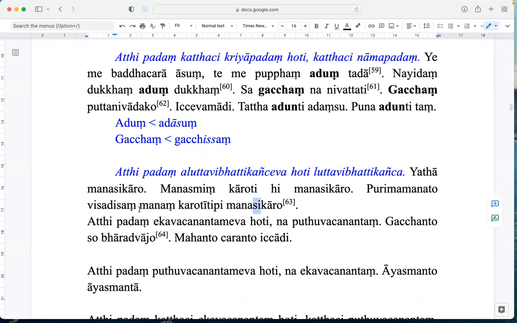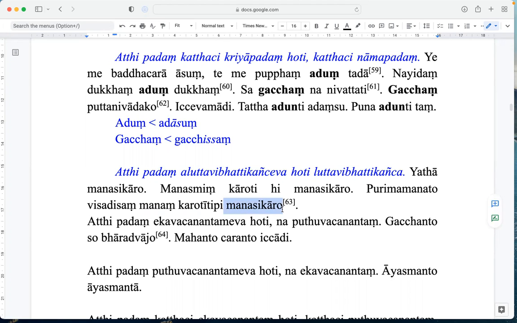That is why Sayadaw explains it as manam karoti, just inserting an i between the compounded words, not a locative sign. That is Loda Vivadika. According to the explanation, after manas, the accusative case, manam karoti, so manasikaro. You got the point here?